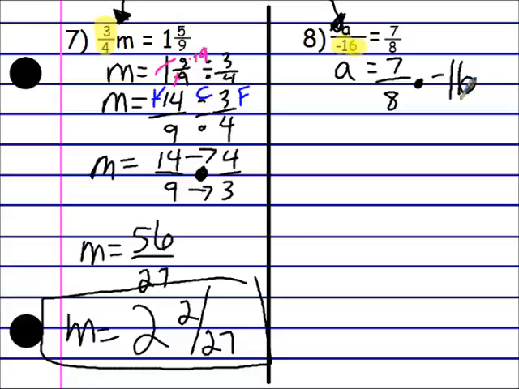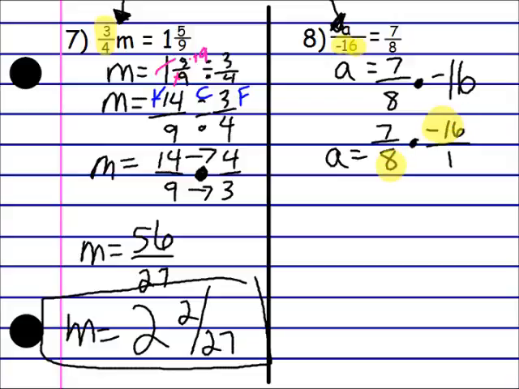Now to multiply a fraction with a whole number, I'll have to convert the whole number to a fraction. So that would be negative 16 over 1. And this is multiplication here, so I can cross simplify. Negative 16 and 8 are both divisible by 8.